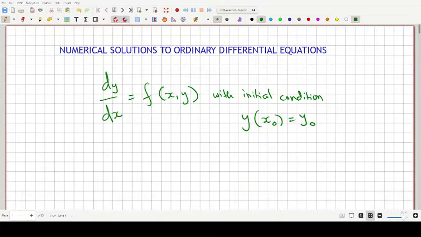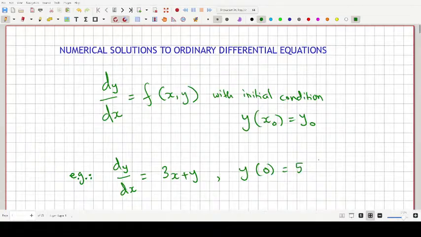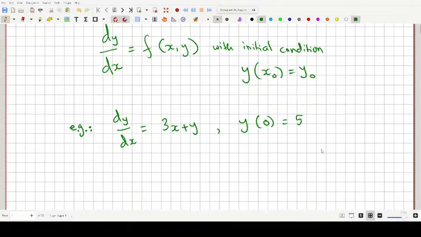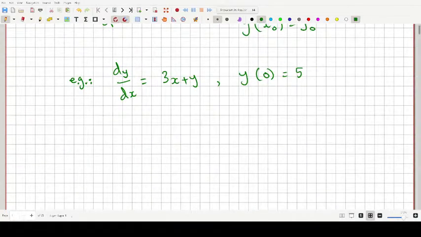So, for example, an ordinary differential equation would look something like this, and we can also have y of 0 equal to 5, right? And what do we have to find out? We need to find an expression for y of x. We shall be using a few methods, right?